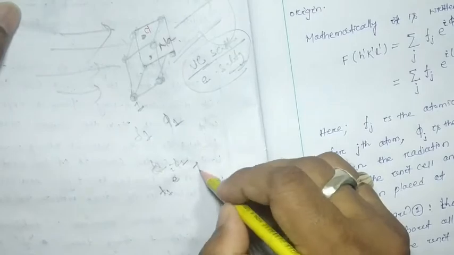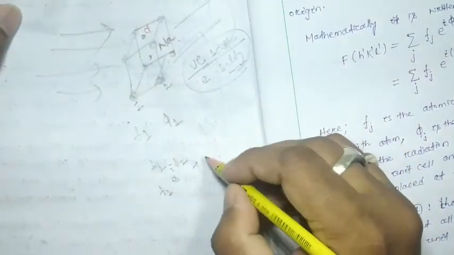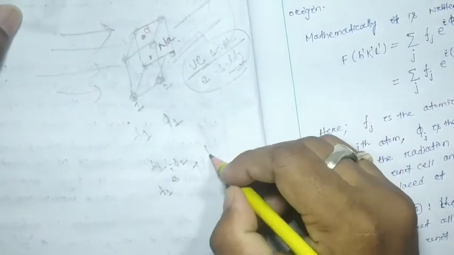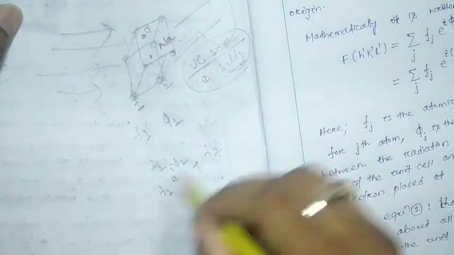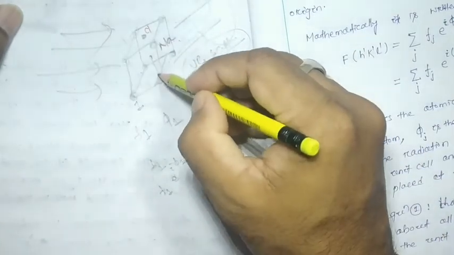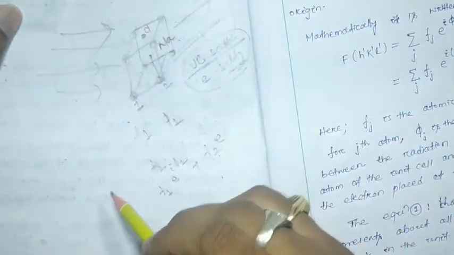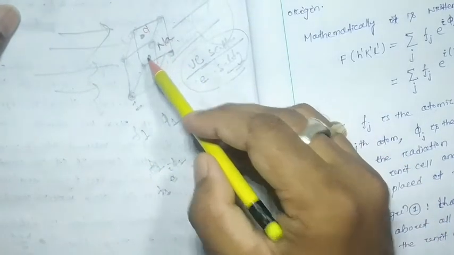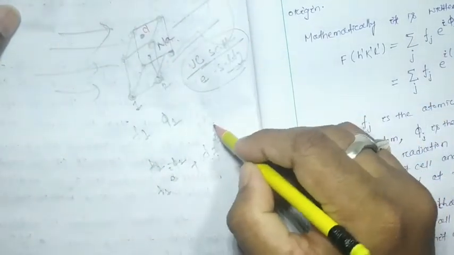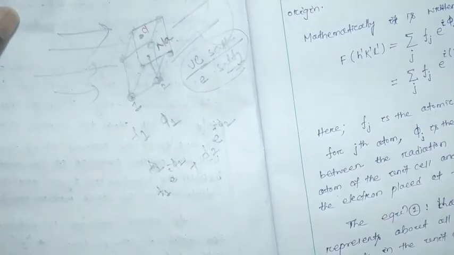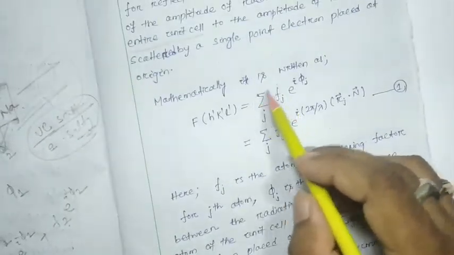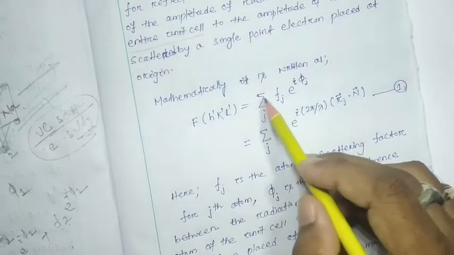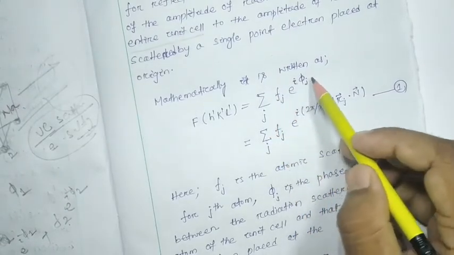Likewise, suppose this is atom 2: its atomic scattering factor is F2 and the phase difference between the electron and this atom is e to the power i phi 2, and so on. If we consider all the atoms, we write it in summation format: summation over j of fj e to the power i phi j.